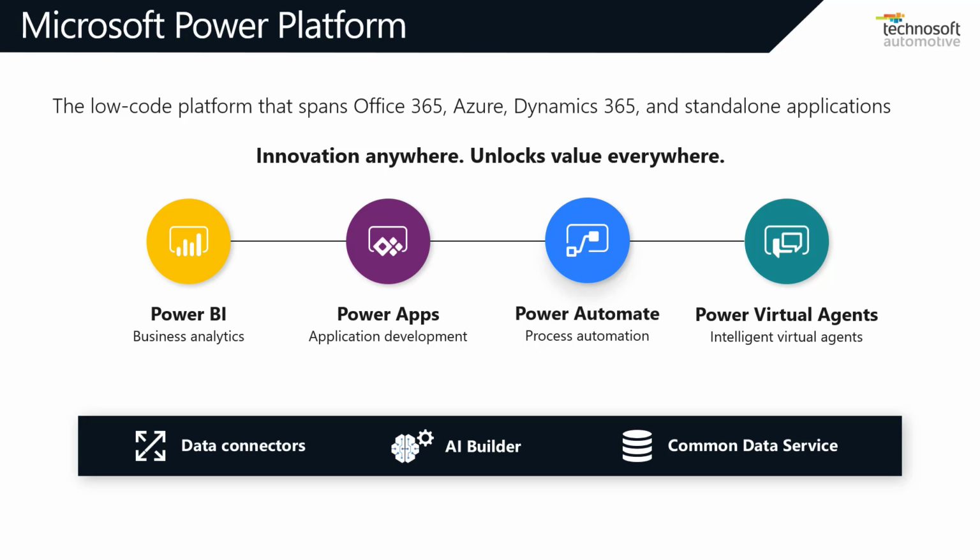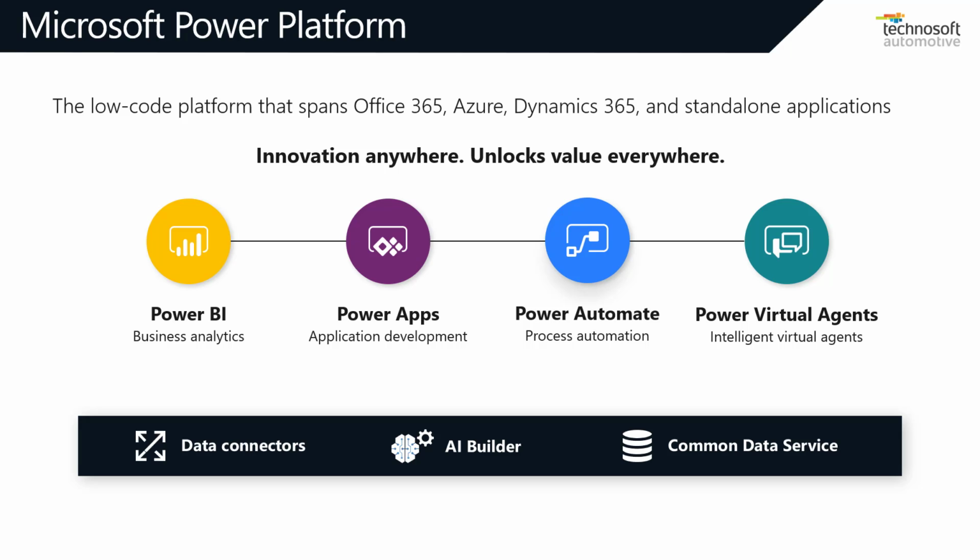It includes 4 compelling, very strong individual products. Start with Power BI for analyzing your critical business data. Power Apps to create web and mobile applications with low-code tools. Power Automate for robotic process automation and digital process automation. And Power Virtual Agent, the newest addition to the Power Platform, to create a chatbot that is AI-empowered and AI-driven.